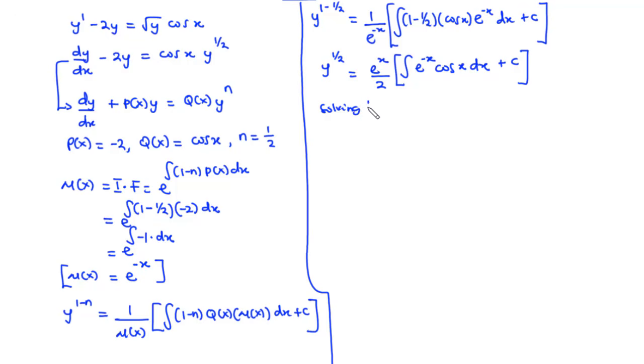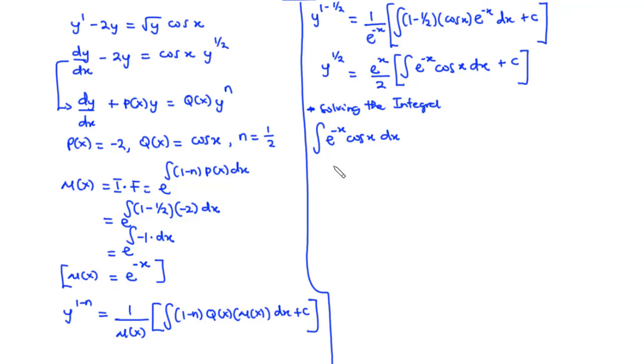So solving the integral. We have the integral of e to the power negative x times cos x dx. Now we are going to do this by integration by parts.